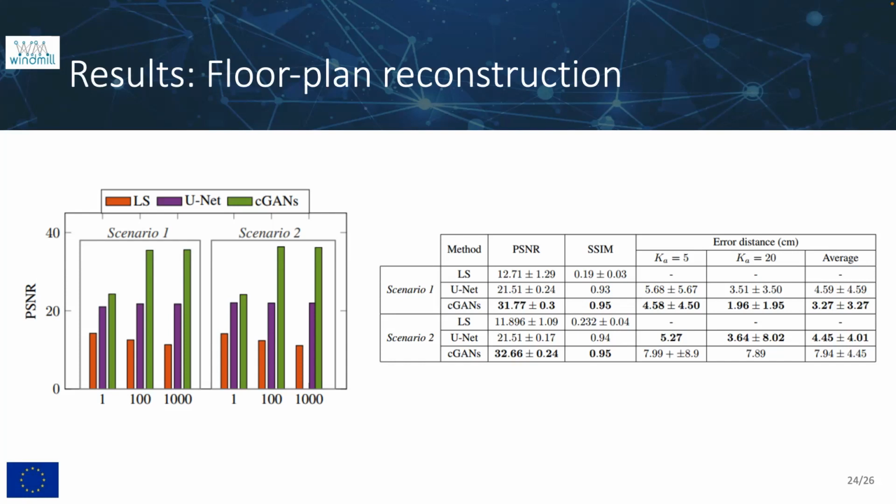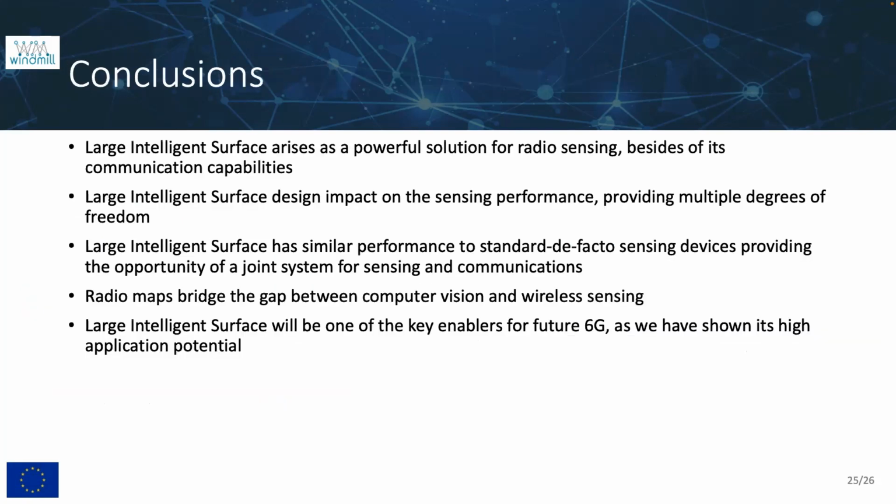And here is mainly a clue of the distance error between the ground truth floor plan and the predicted floor plan. We can see that the results are okay. I'm a bit out of time. So these are the conclusions. To wrap up, the large intelligent surface, as I said, is also useful for radio sensing. That's what we are trying to show here.